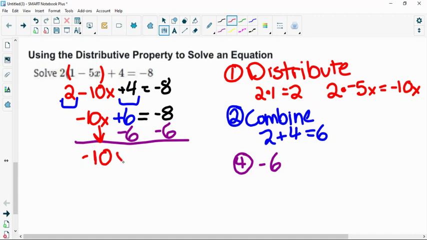Over on the left, I'm left with negative 10x. And I need to do negative 8 minus 6. I will get negative 14.